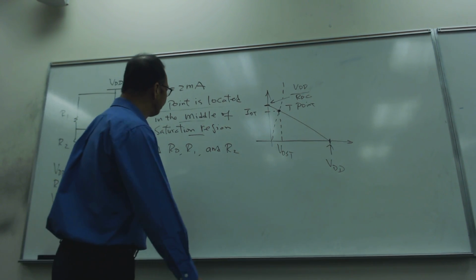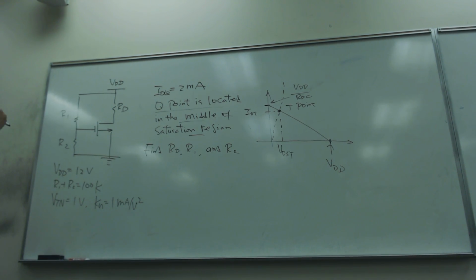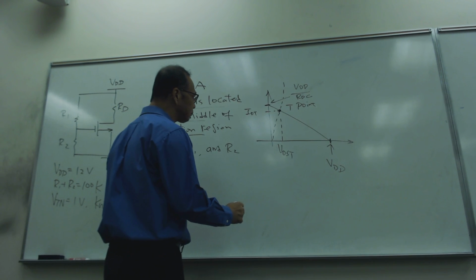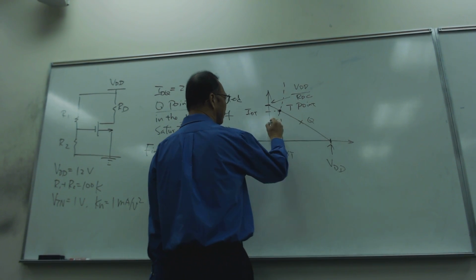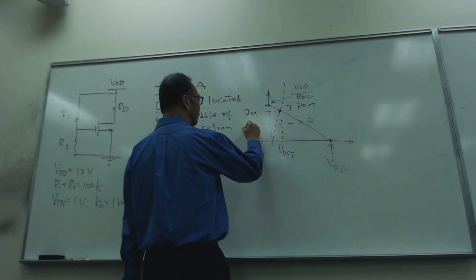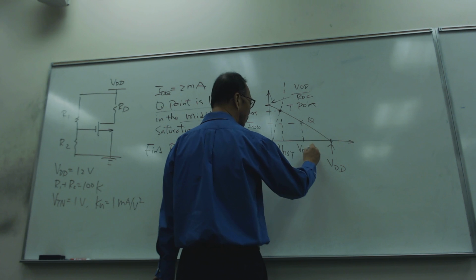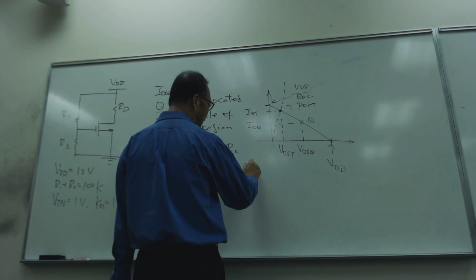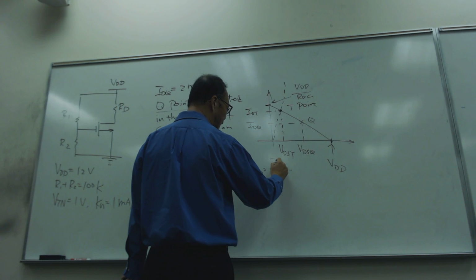Okay. Now, if you look at this information, Q point is in the middle. That means what? Okay, that means IDQ is half of IDP.